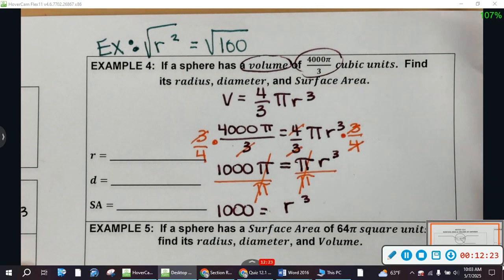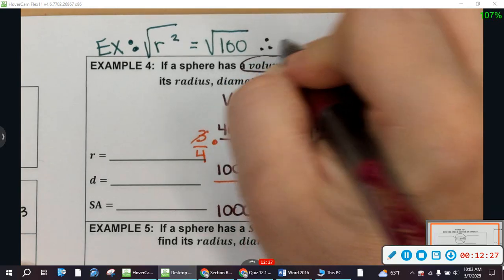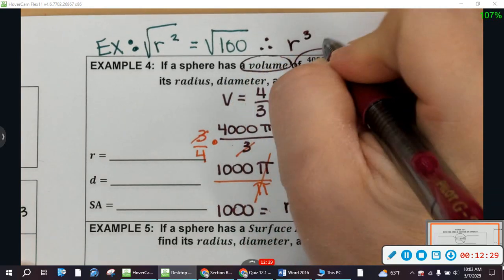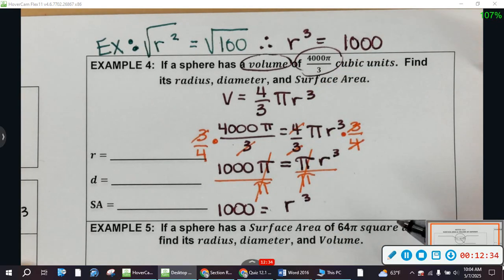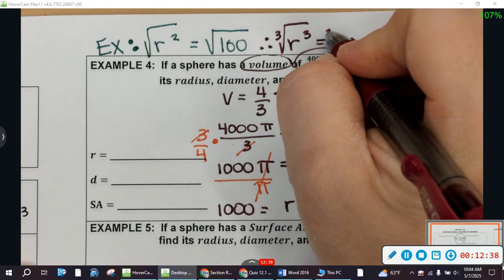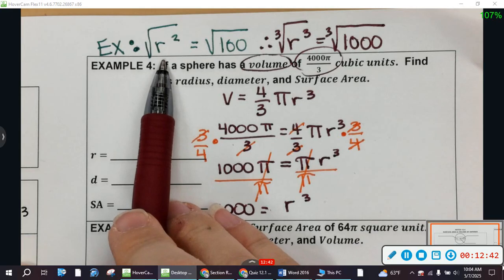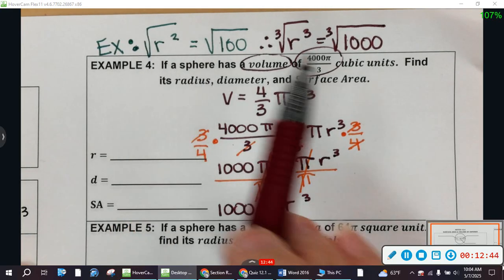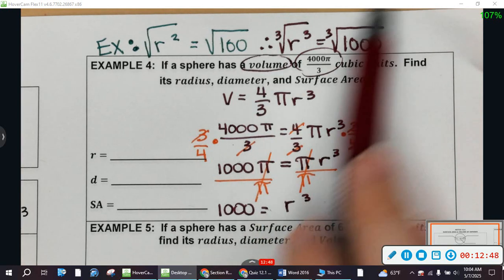Well, now we have a cube. So to get rid of a cube, we do what's called a cube root. So to get rid of a square, use square root. To get rid of a cube, you cube root.